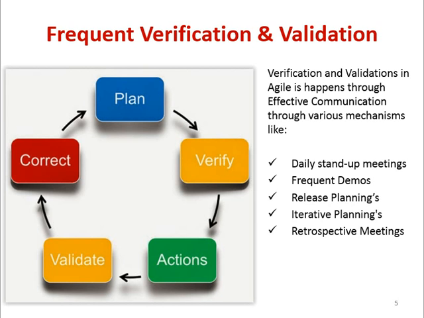You just keep in mind the mechanisms or ceremonies in Agile or Scrum which fulfill the purpose of verification and validation. So these are daily stand-up meetings, frequent demos. You do the demos frequently, maybe depending on your iteration. Then release planning, iteration planning, release review meetings, iteration review meetings, retrospective meetings, and so on. All the ceremonies which are involved in the Scrum or Agile world.